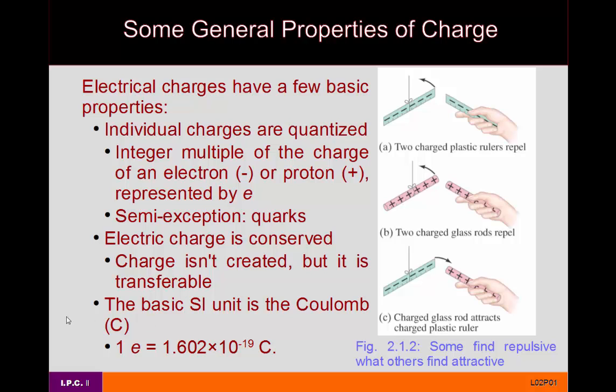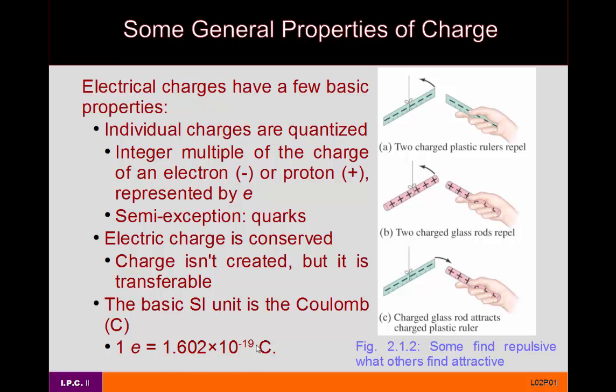Now, the basic SI unit that we use to represent charge, and this is the third property, is called the Coulomb. And for the purpose of our lecture today, a Coulomb is equal to one electron charge. The charge of an electron or a proton is 1.602 times 10 to the minus 19 coulombs.